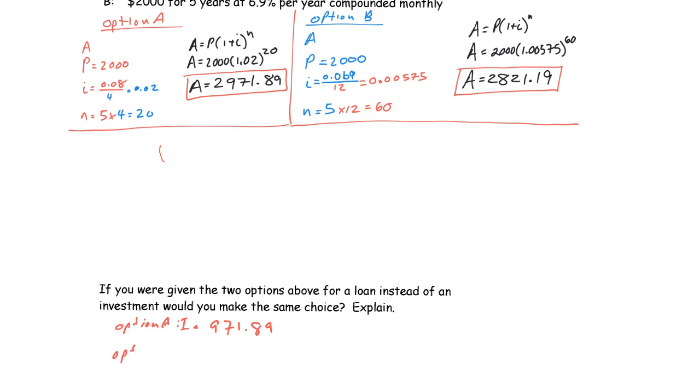For option B, the interest is equal to $821.90, right? And based on that, this one earns more interest, so therefore I'm going to invest in A. But you'd have to write a full sentence or paragraph for this, and that's it.